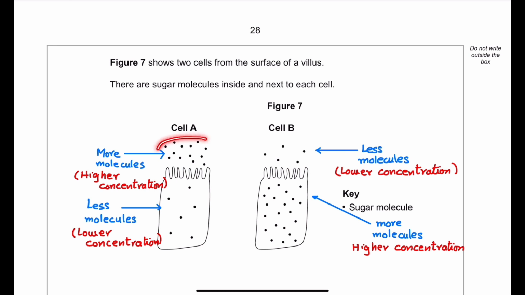If more sugar is present outside the cell, then they will try to move inside due to the diffusion process. If these sugar molecules want to move inside against the gradient, which will be very difficult, a large amount of energy is required to move them from outside to inside.